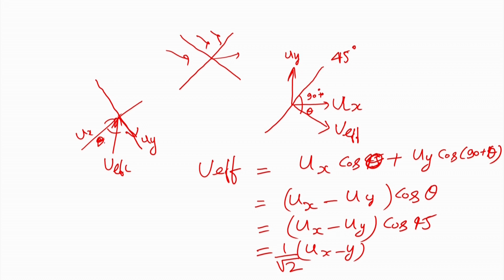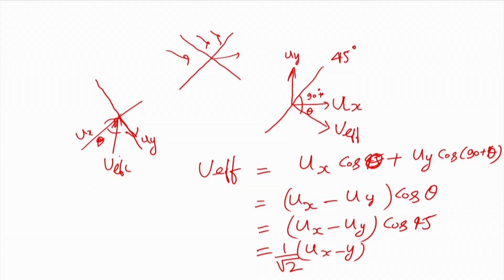This will be 45, so u effective will be u x cos 45 plus u y cos 45, which is u x plus u y 1 upon under root 2.